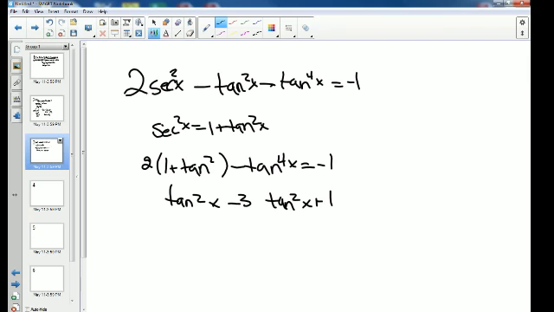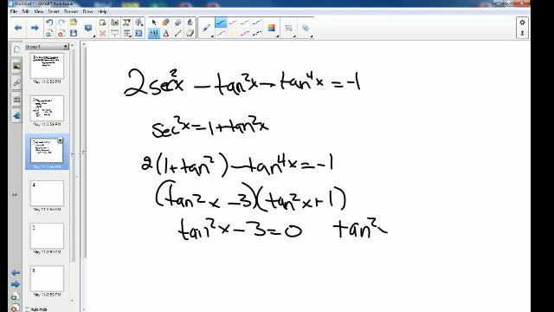Alright, and then when you do it this way, we're going to factor it to tan squared x minus 3 equals 0, and tan squared x equals 3. You're going to square root them.